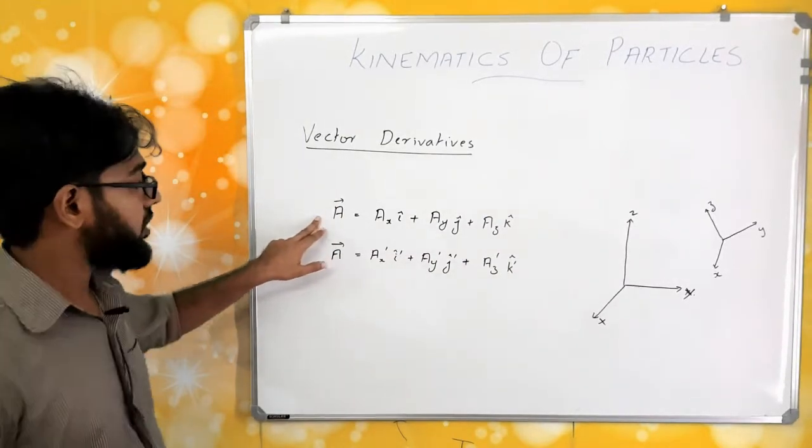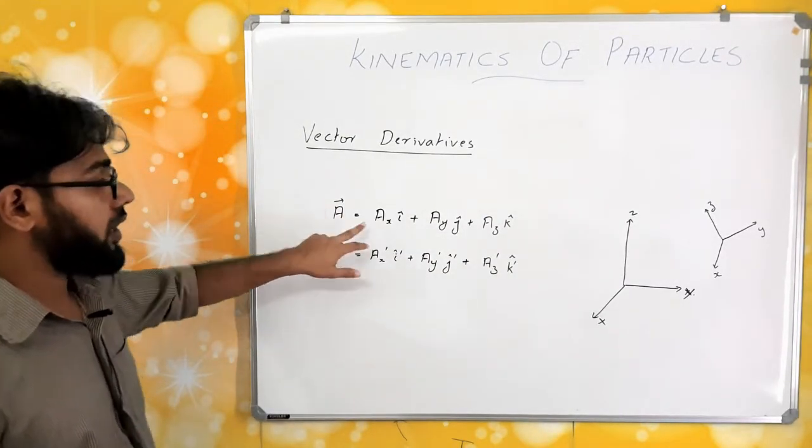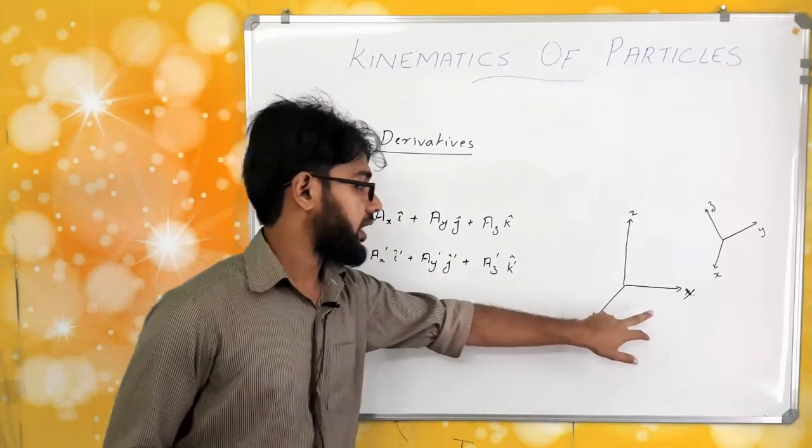I had considered the vector A along the primary inertial frame capital XYZ.